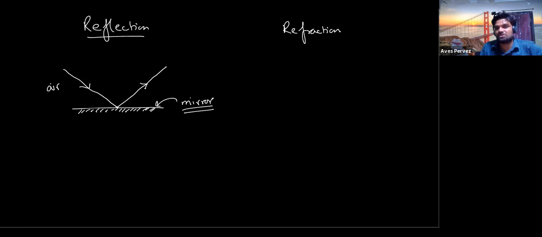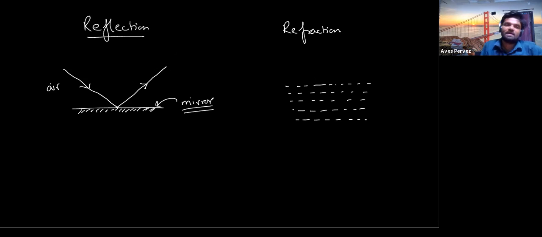What is refraction? The bending of light rays when they pass from one medium to another medium. For example, here is water, and the light ray is passing from air.